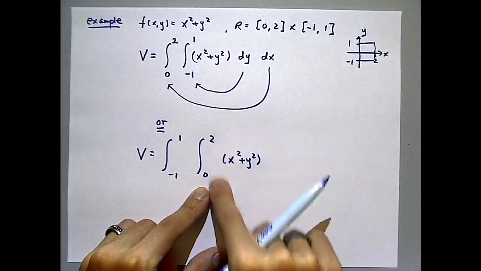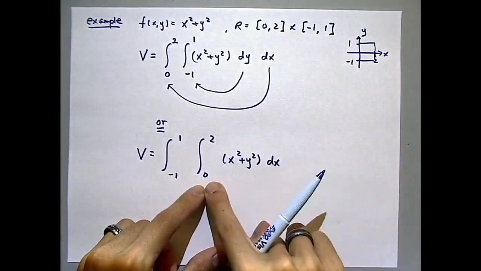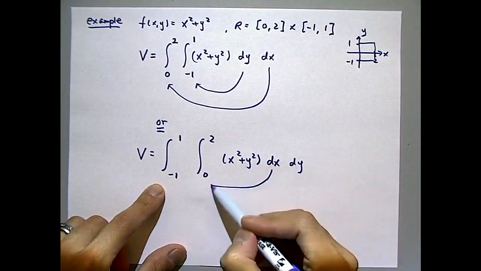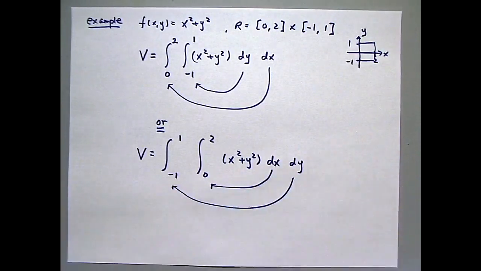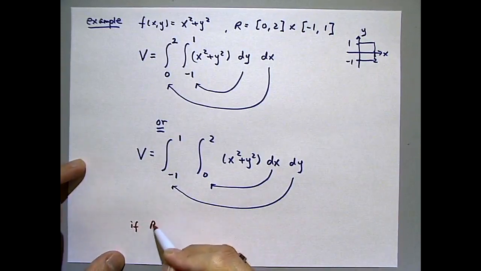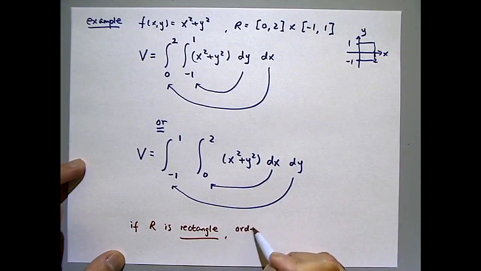So 0 to 2, this is referring to x. This will be a dx going with that, and then a dy referring to the interval of y. So that's a very important thing here. If R, the region we're summing over, is a rectangle, order does not matter.